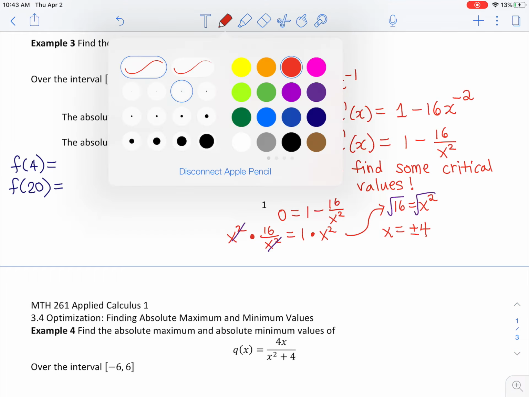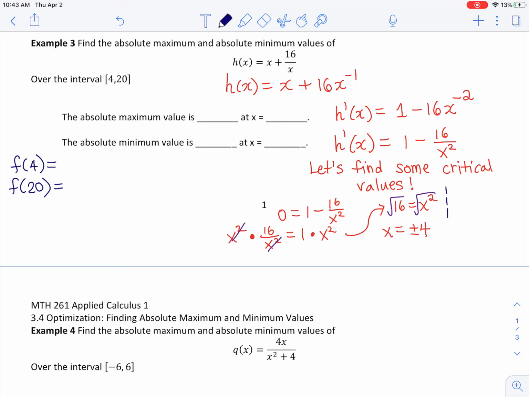Now, let's look at one more. Critical values happen when the derivative is equal to 0 or when the derivative doesn't exist, right? Now, take a look. This function h prime of x is not going to be defined when x is equal to 0. Why? H prime of x is 1 minus 16 over x squared.